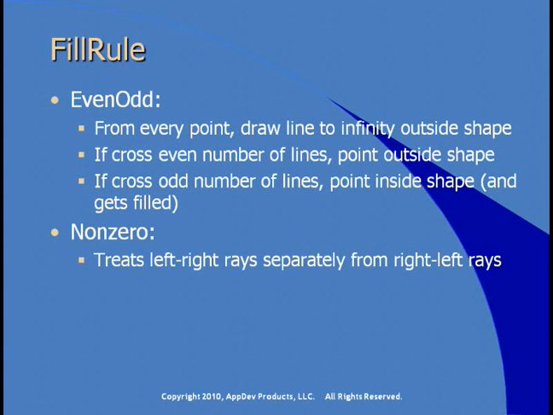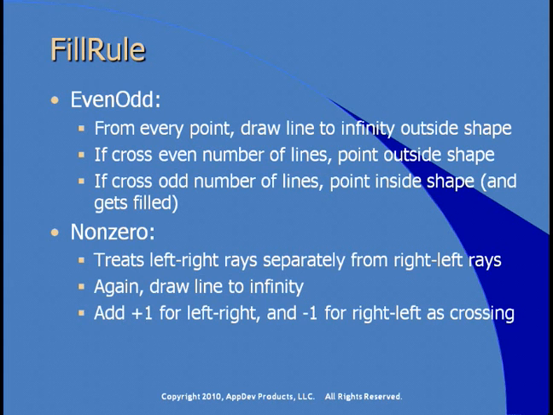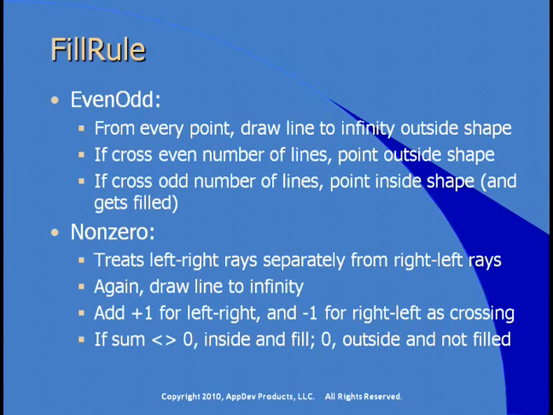But in any case, here, treating left-right rays separately from right-left rays, again, the rendering engine draws a line from every point inside your shape, what you think is inside, to infinity, and it adds 1 for left-right rays and subtracts 1 from right-left rays as it crosses them. If the sum is not 0, the point is inside and gets filled. If the sum is 0, which means it crosses the same number of left-right and right-left, the point is considered to be outside and doesn't get filled.